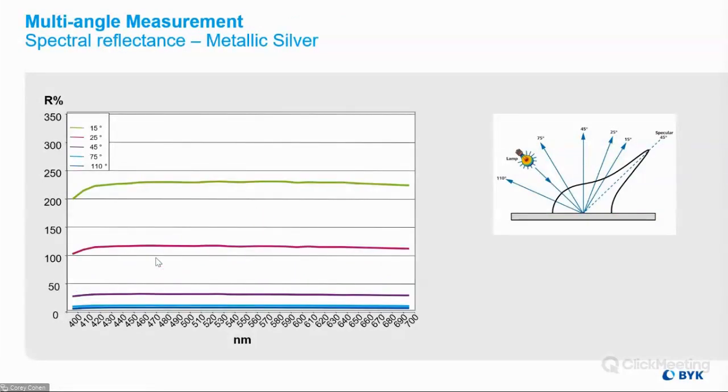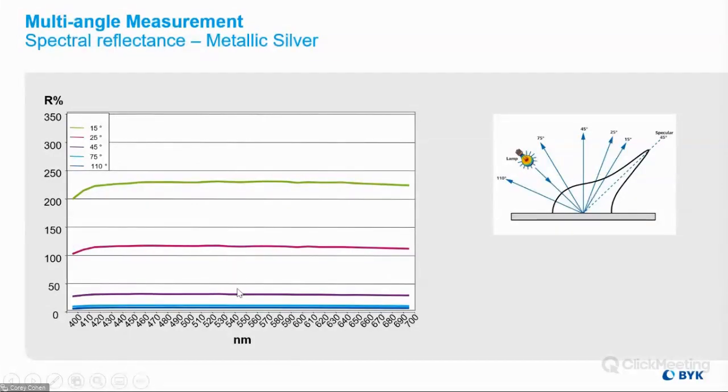And then we have this example of a metallic silver. This typically has more metallic pigments, and it's going to exhibit more light dark flop. We can see this is a neutral color, so it's a pretty flat curve, but the overall level of these curves is changing drastically.